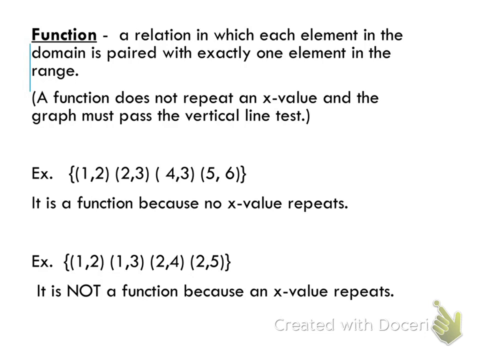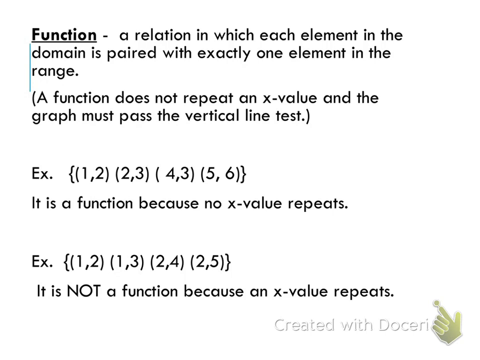So an example here, we have this relation. A relation is just a set of ordered pairs, right? So we have (1, 2), (2, 3), (4, 3), (5, 6). Would this be a function or not a function? I know the answer is already up there, but what would it be? Function or not a function?